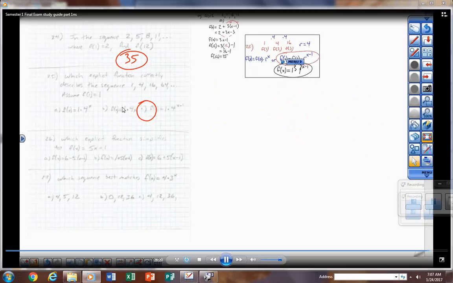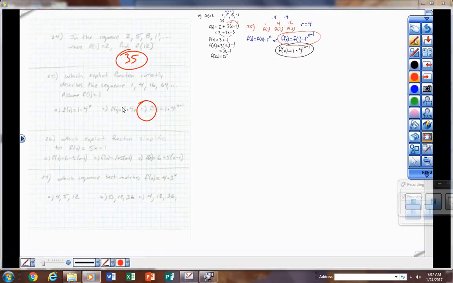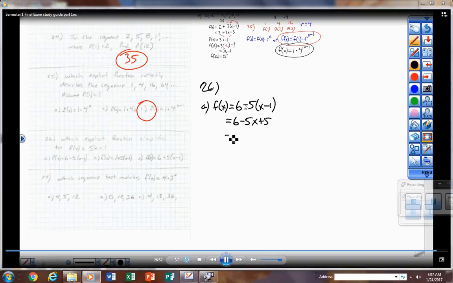All right, number 26. 26 has you take those problems, distribute, and simplify to see which one matches the one they're giving you. So the one they give you is f of x equals 5x plus 1. Which one of those choices distributes and simplifies to give you 5x plus 1? So that first one, when I distribute, I get negative 5x plus 5.